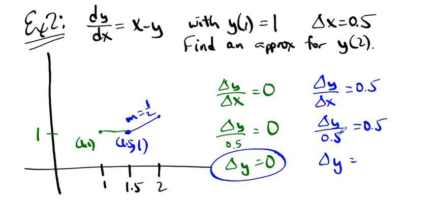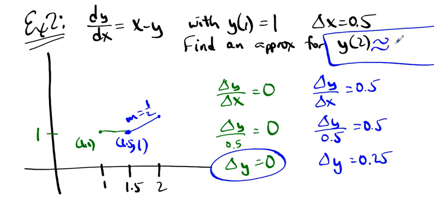And so the change in y is 0.25. So I'm looking for an approximation for y of 2. I know that the old y value is 1. I know that it went up by a quarter. The approximate y value is 1.25. How about that?